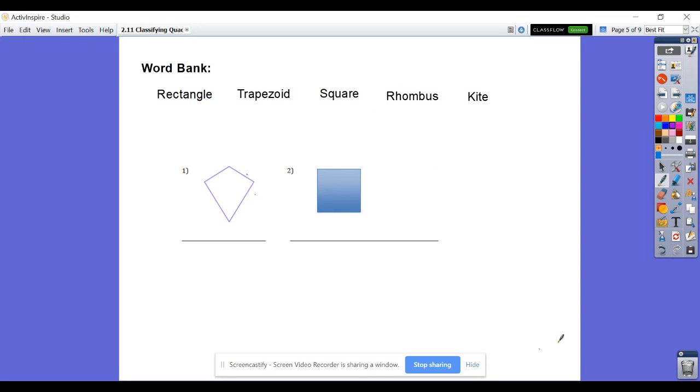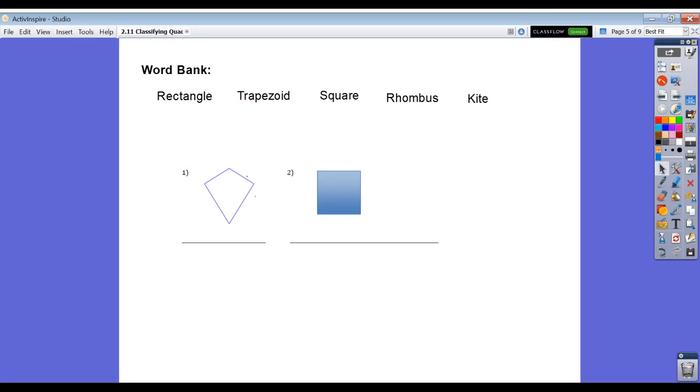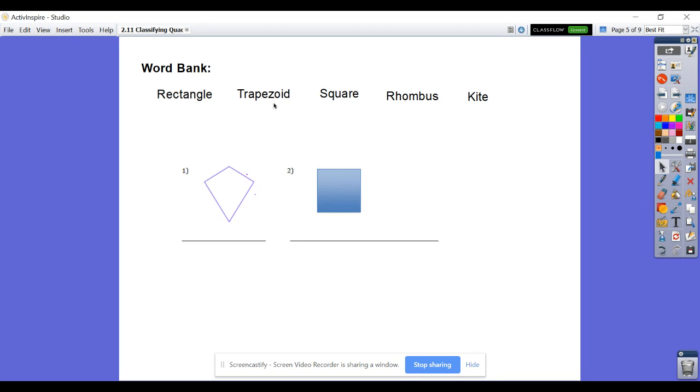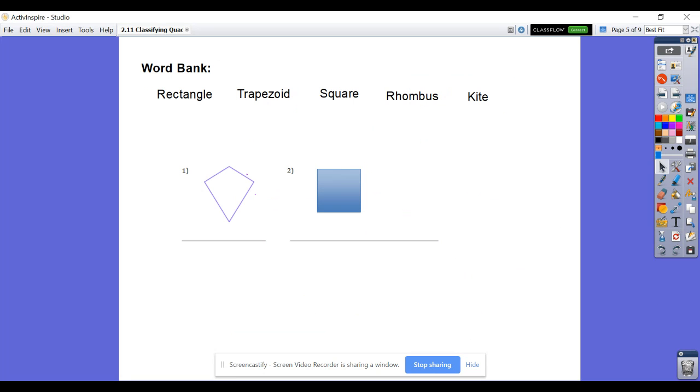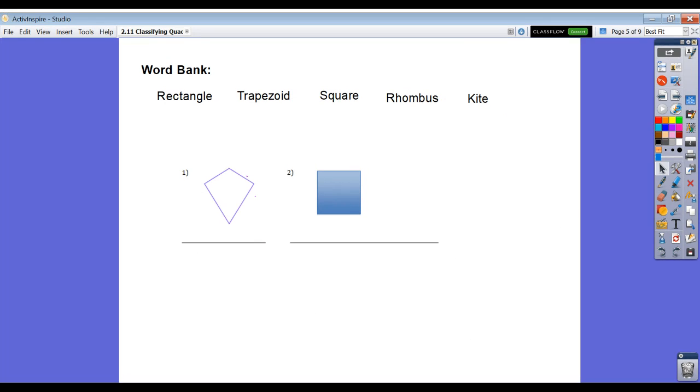Let's go through one by one. Would we call it a rectangle? No, because it doesn't have opposite sides equal, or right angles for that matter. Would we call it a trapezoid? Well, let's see what a trapezoid said. A trapezoid said at least one pair of parallel sides. I don't see any parallel sides on here. They're all intersecting. Would it be a square?